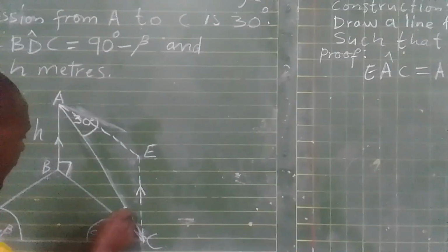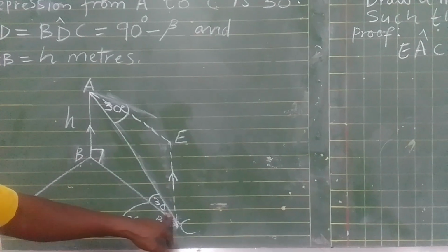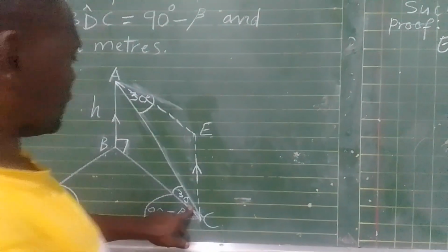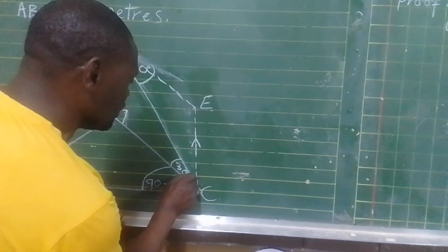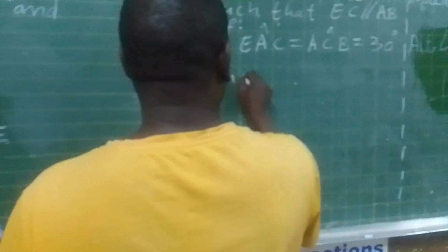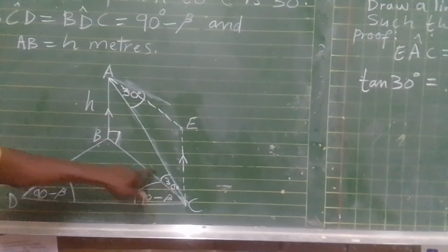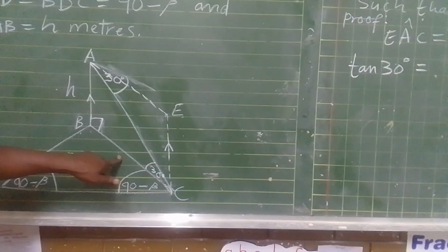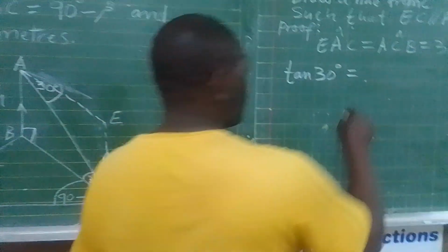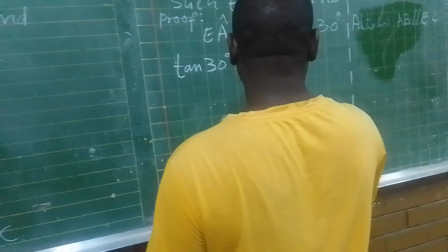Now we know that this 30 degrees is here, so we are going to use the ratio of tangent. Tan 30 degrees equals opposite over adjacent, which is H over BC.